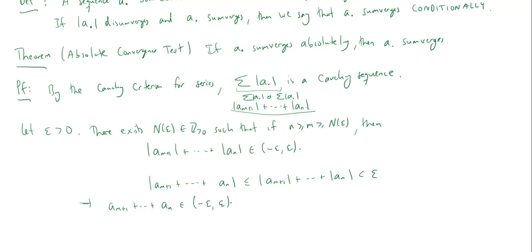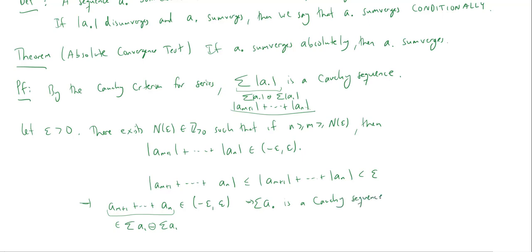Well, that tells us that if we take these types of terms, notice there's now no absolute value. This implies now we're looking at things in the 2D difference, not of the sum sequence for absolute value of A, but of the sum sequence just for A. All right, so we're looking at 2D differences, sum sequence for A. And so that's telling you that this sum sequence just for A is a Cauchy sequence.